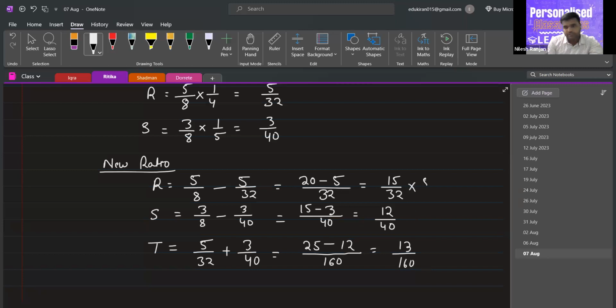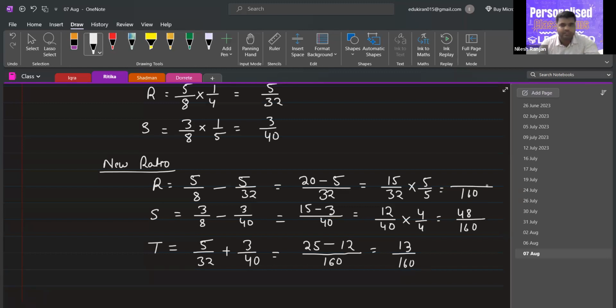We have to multiply it with 5, and we have to multiply it with 4. So you will get 48/160.